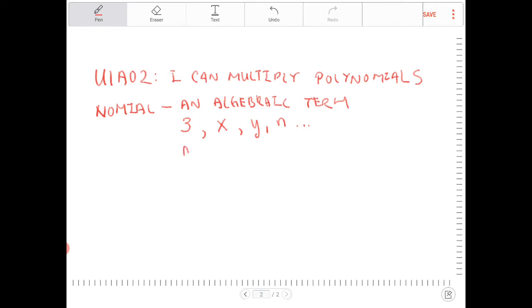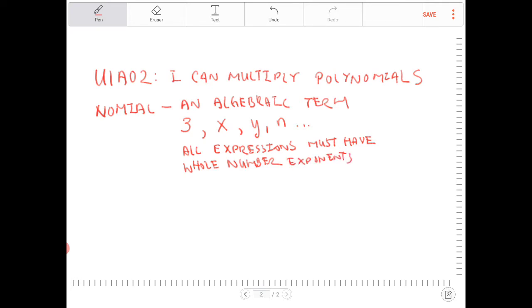Okay, so all expressions must have whole number exponents.